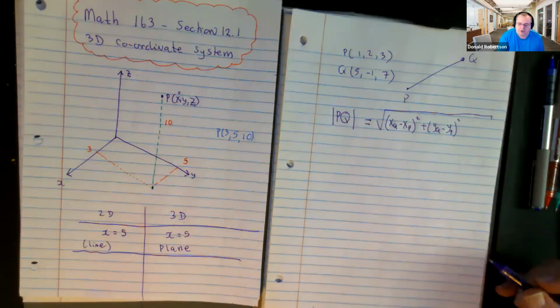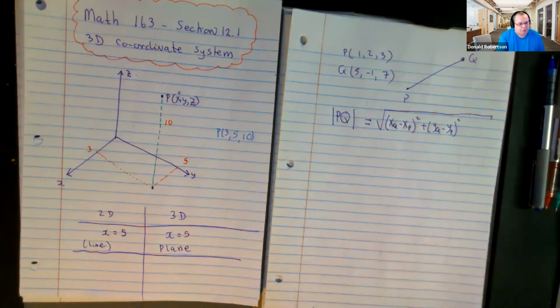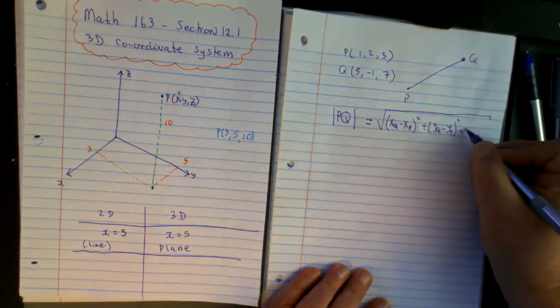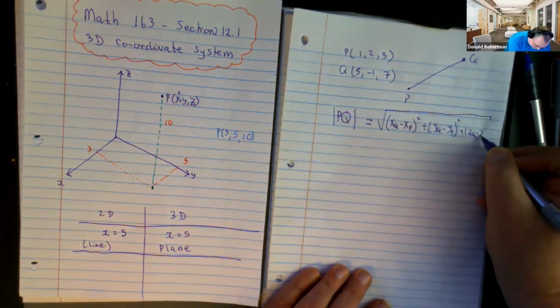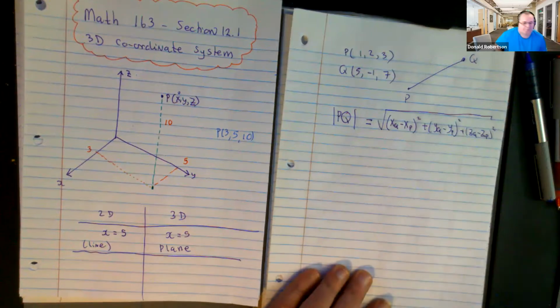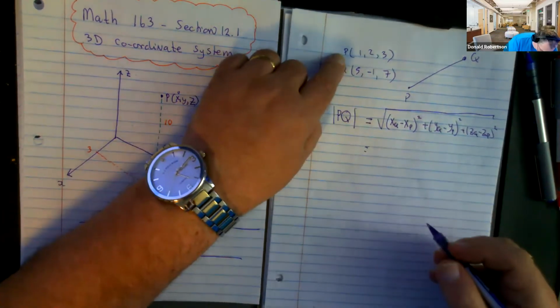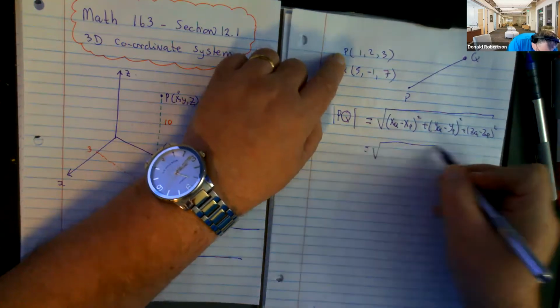How do you think you're going to extend it to find the distance between 2 points in 3D space? ZQ minus ZP, or even ZQ take away ZP.